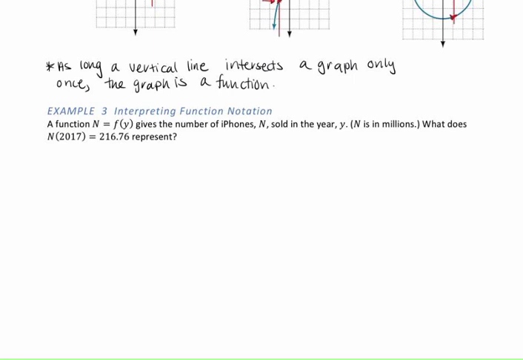Let's recall our function notation. This would be of the form n of y. So this tells me that y is equal to 2017. And since y is in years, I know this is the year 2017.